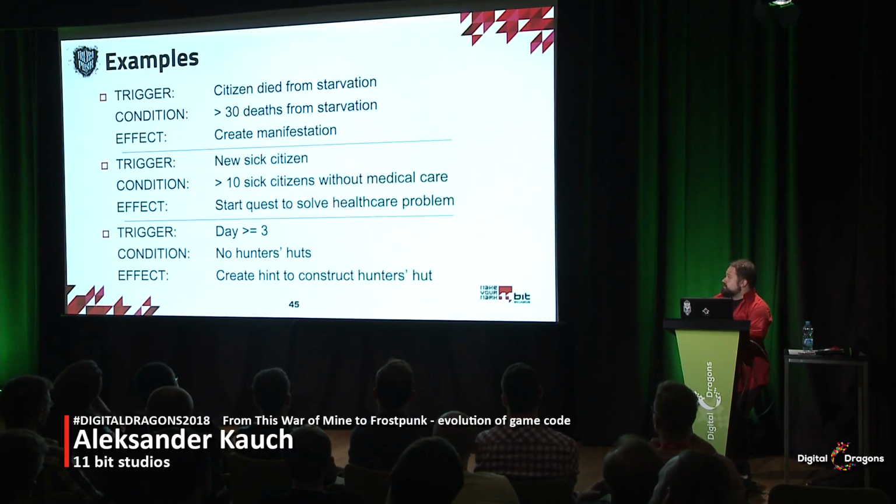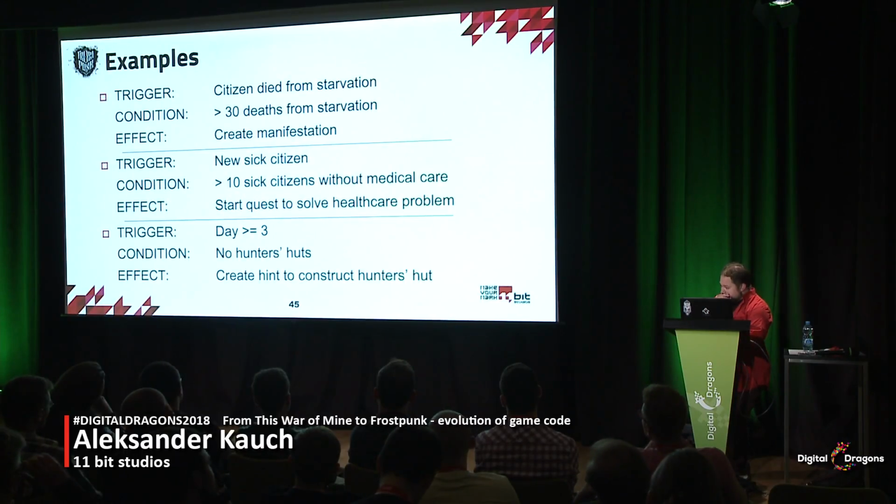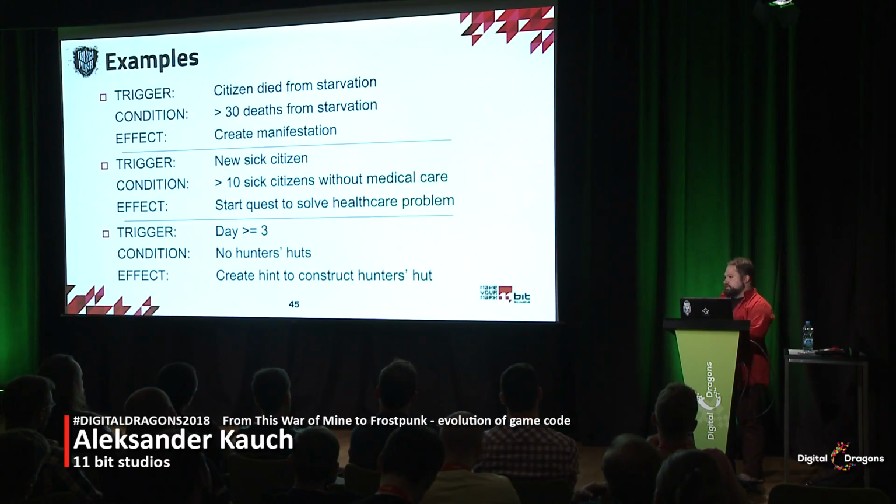Trigger: new sick citizen. If there are more sick citizens without medical care, then start a quest line to build a medical facility to solve the healthcare problem. Trigger: day is higher than 3. We've got no hunter's hut. Create a hint to remind the player that they need to construct a hunter's hut.